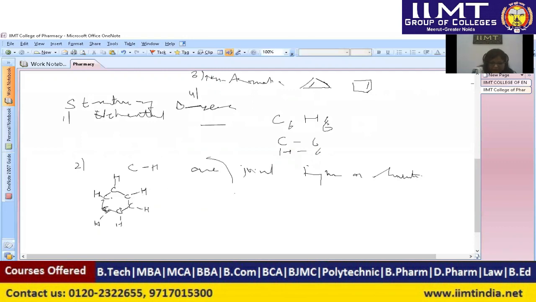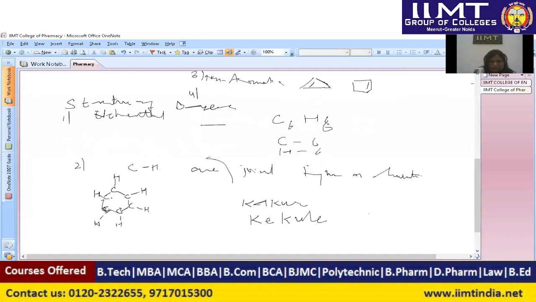The scientist who discovered this was Kekulé. Kekulé discovered this aromatic ring system, which shows six carbons and 6 hydrogens in a cyclic form.